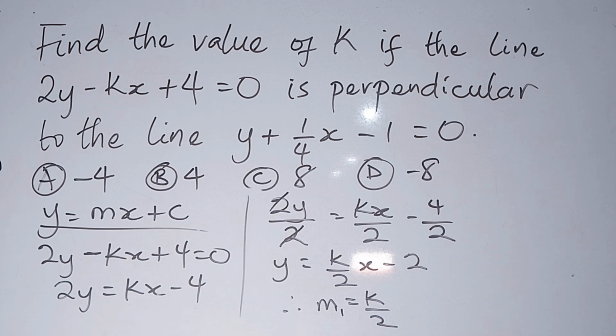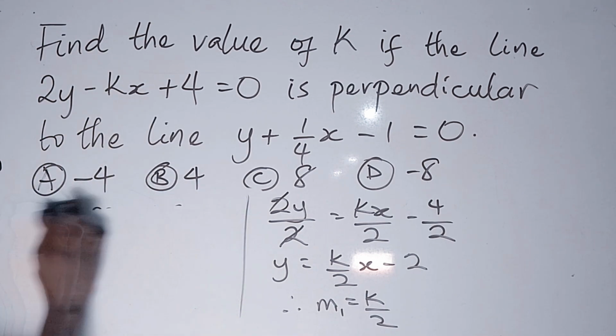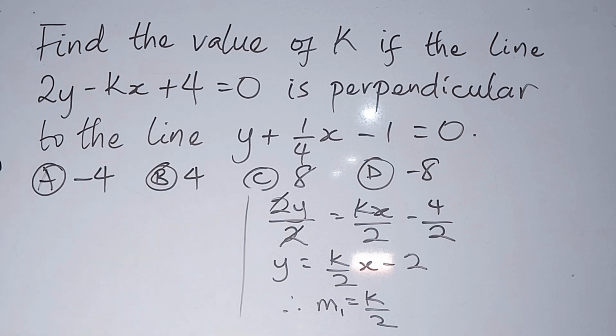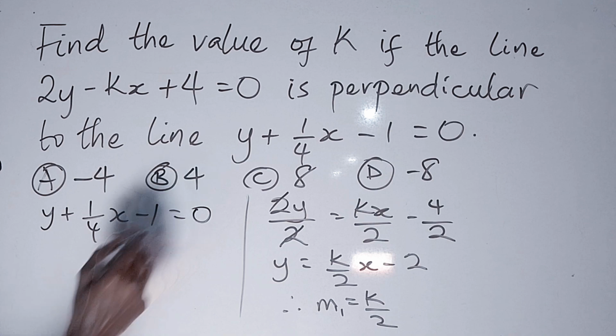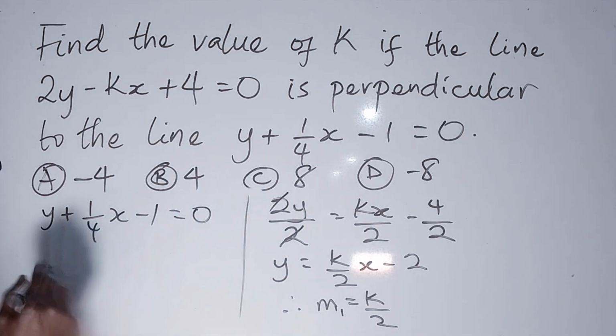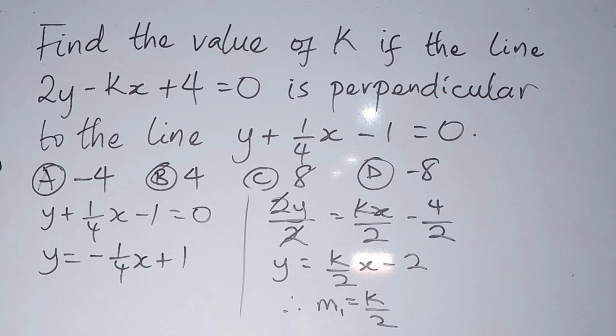Alright, so that's that. Let's get our m2 for the other equation. The other equation is y plus 1 over 4x minus 1 equal to 0. So let's send all these terms to the other side. Your y will be minus 1 over 4x plus 1.